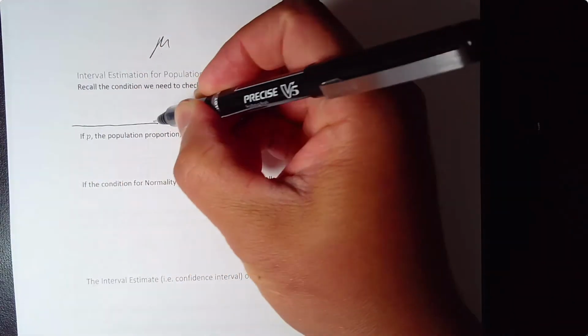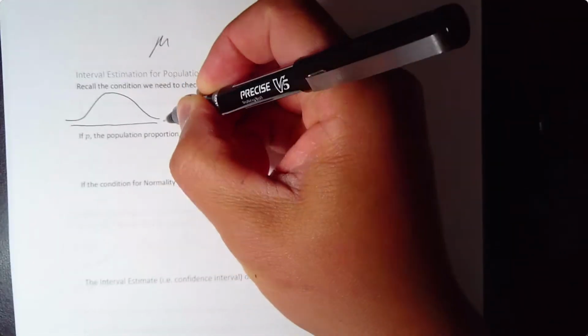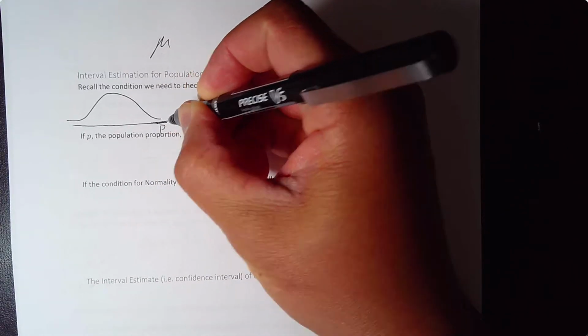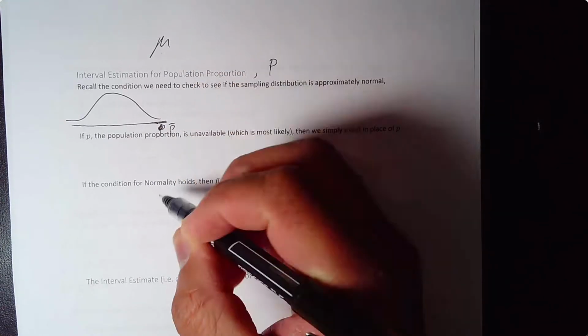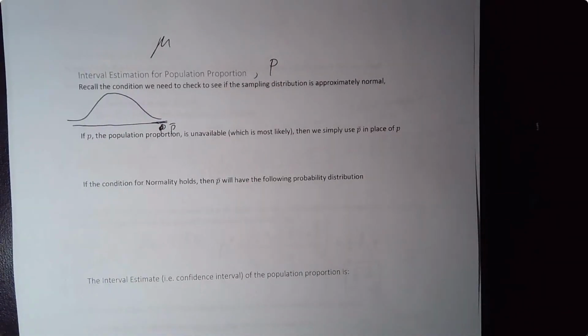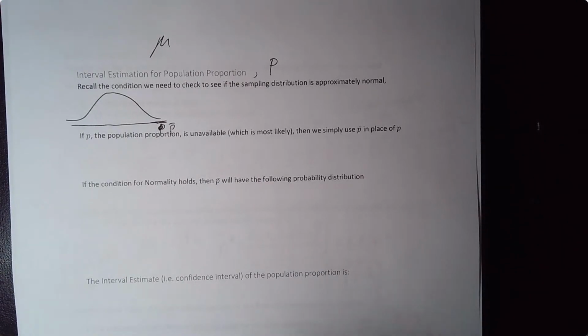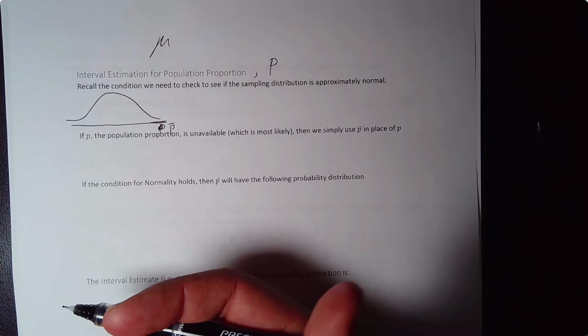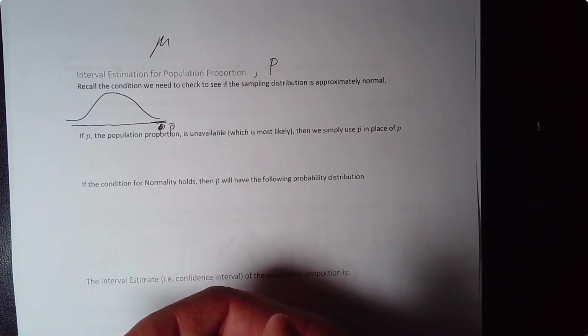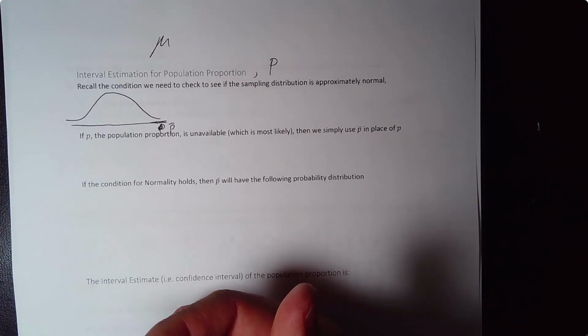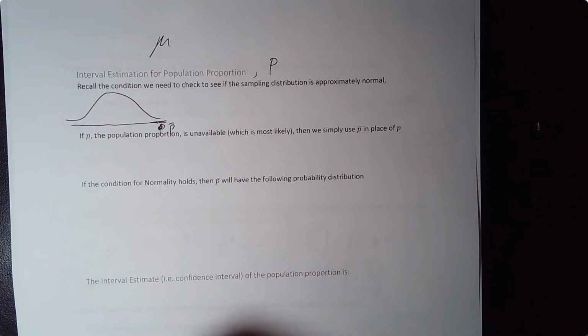So what is the condition that will allow us to say that p bar is distributed with a normal distribution? With mu we have two conditions: one is if the original population is normal, or secondly, if the sample size is greater than or equal to 30.